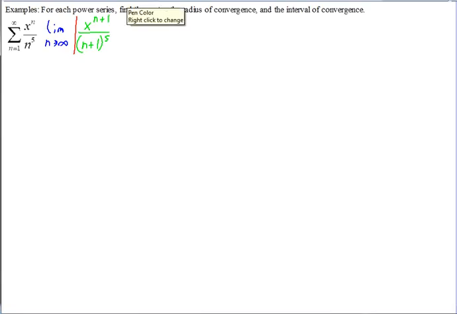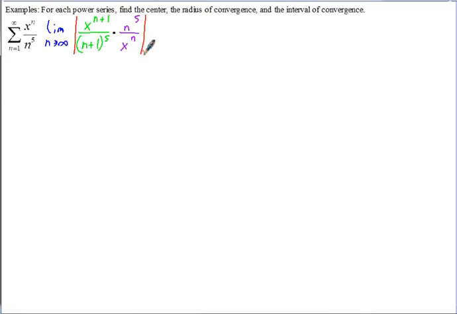And again, we divide by a sub n, the 1 as it is. Remember, to save ourselves a step here, dividing by x to the n over n to the 5th is the same as multiplying by the reciprocal, which would be n to the 5th over x to the n.